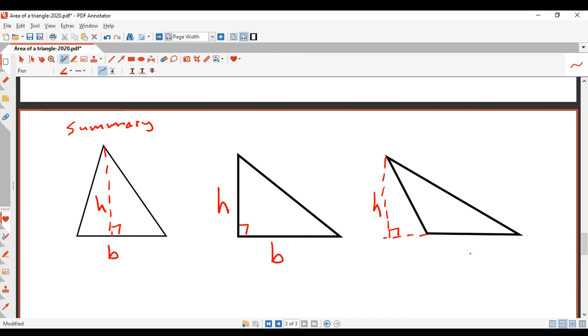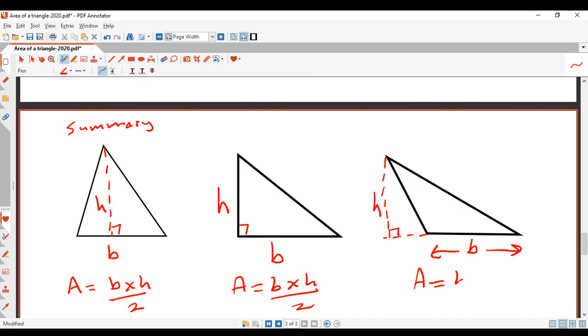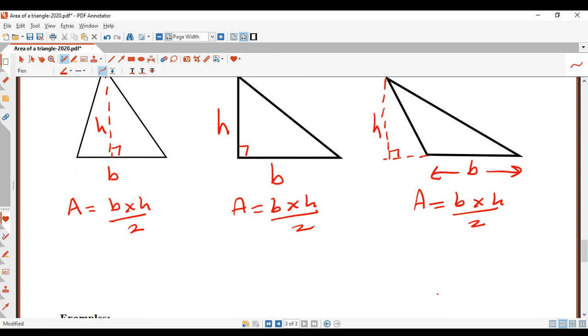Okay, that's the height there. That's the base. The base is just from here to here. And they all have the same formula, okay, which is area is base times height divided by 2. Okay, all the same formula.